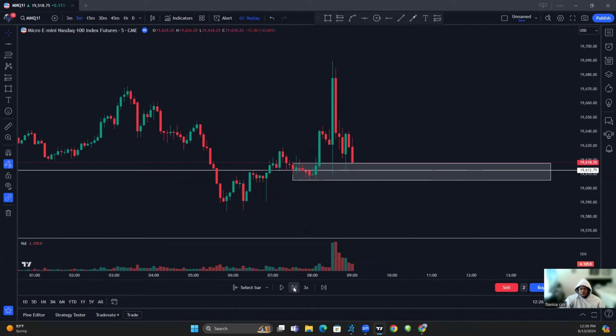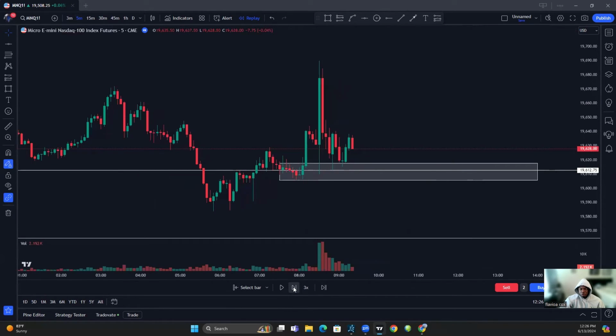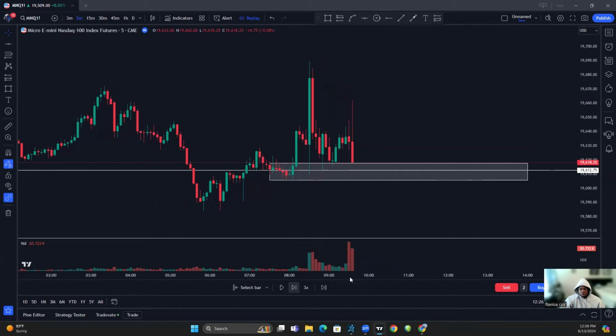We end up getting to my 1 to 1 during the open. Let me see, just doing a replay mode right quick. So yeah, this candle was a 1 to 1 right here, but that wasn't what I was targeting. I wanted the 1 to 2 because that's just what I usually aim for.